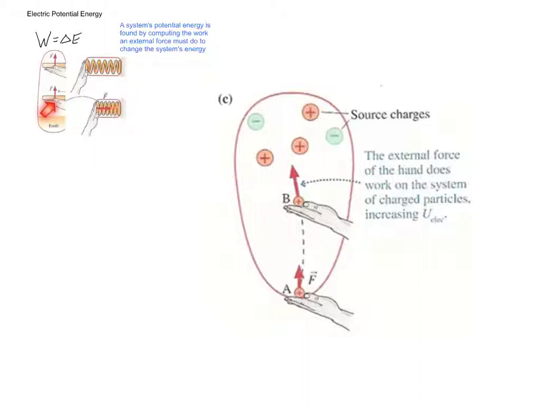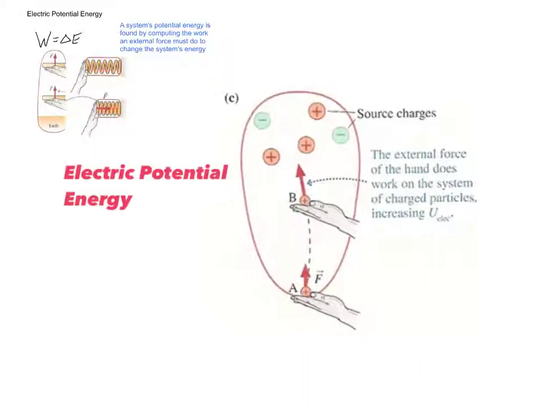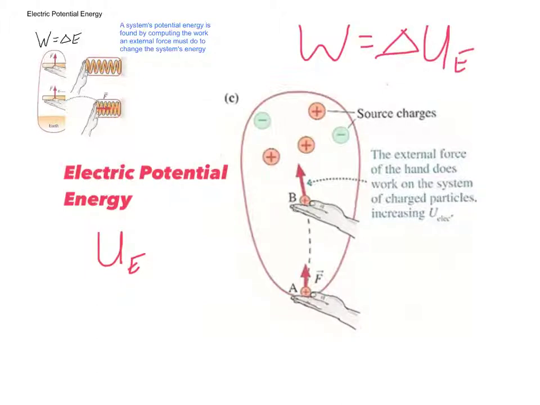This is just like lifting a book in a gravitational field, which results in increasing the book's gravitational potential energy. In this case, though, our hand is doing work on the charge here, which increases its electric potential energy, which we abbreviate UE. Therefore, the energy transfer shown in this picture is that the work done is equal to the change in this electric potential energy.